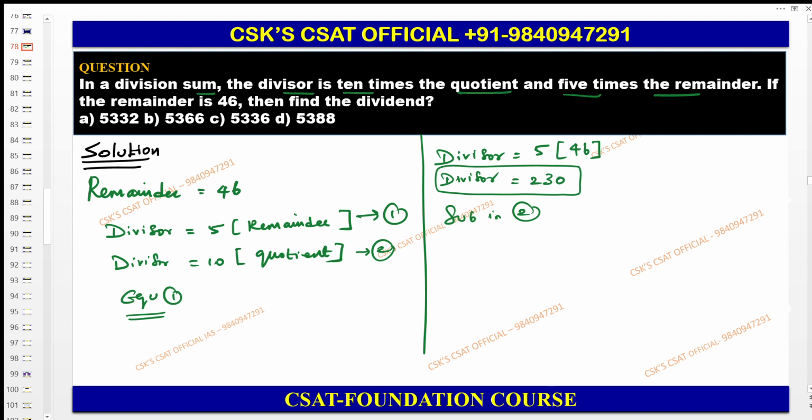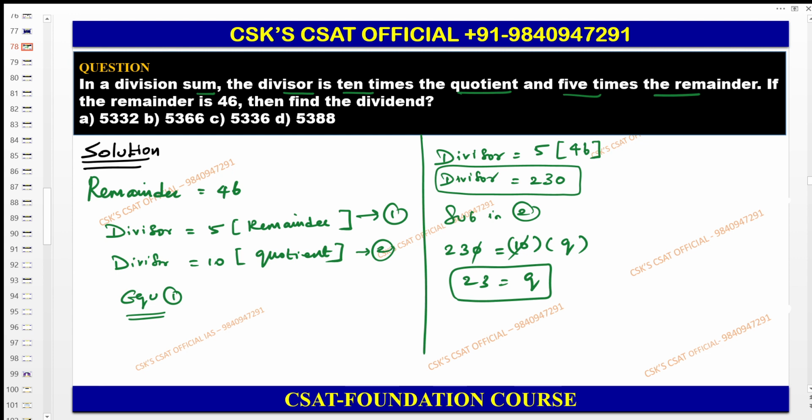Now you can substitute this in equation number 2, then easily you can find it. So the divisor we know is 230, which is equal to 10 times the quotient. So Q is equal to 23.